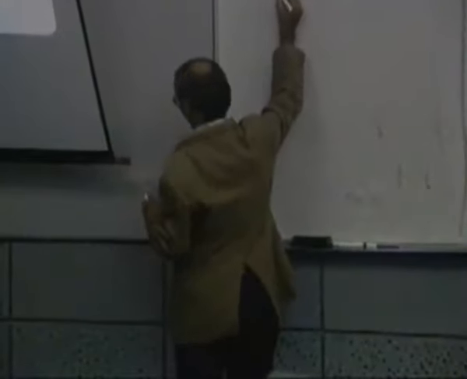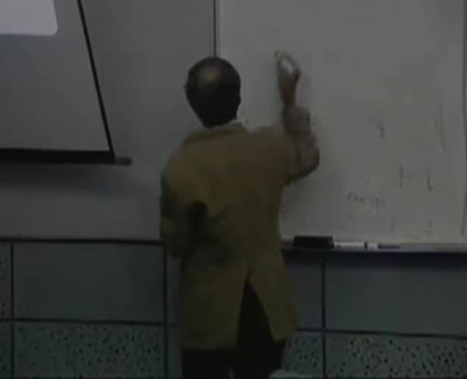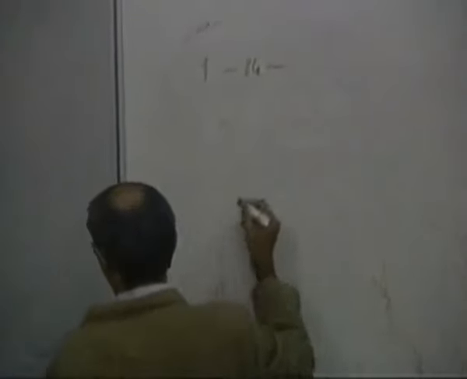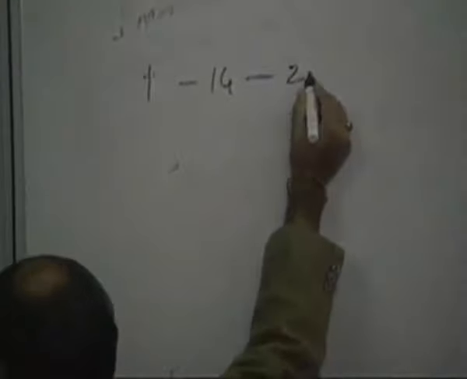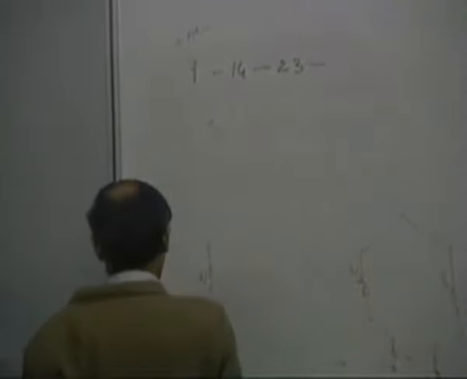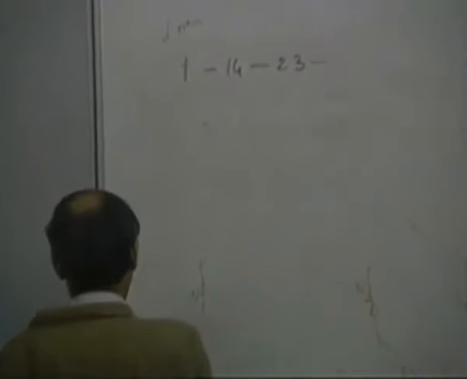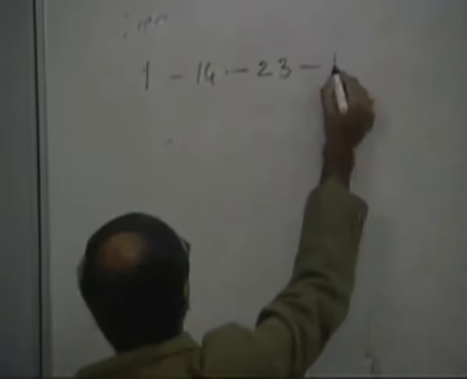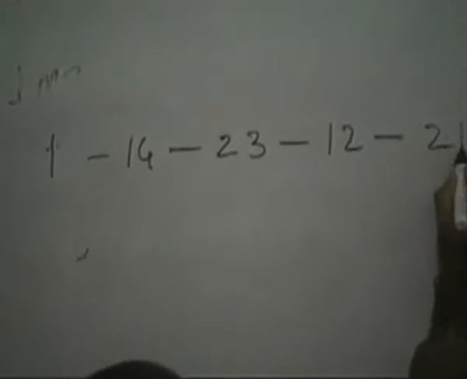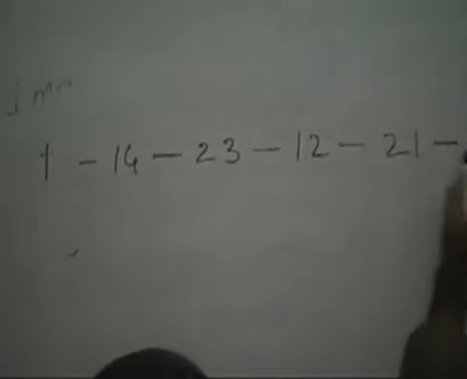So, coil side 1 has gone to 14, then it has gone to 23, then after 23 it has been to 12, then 21, then 10.